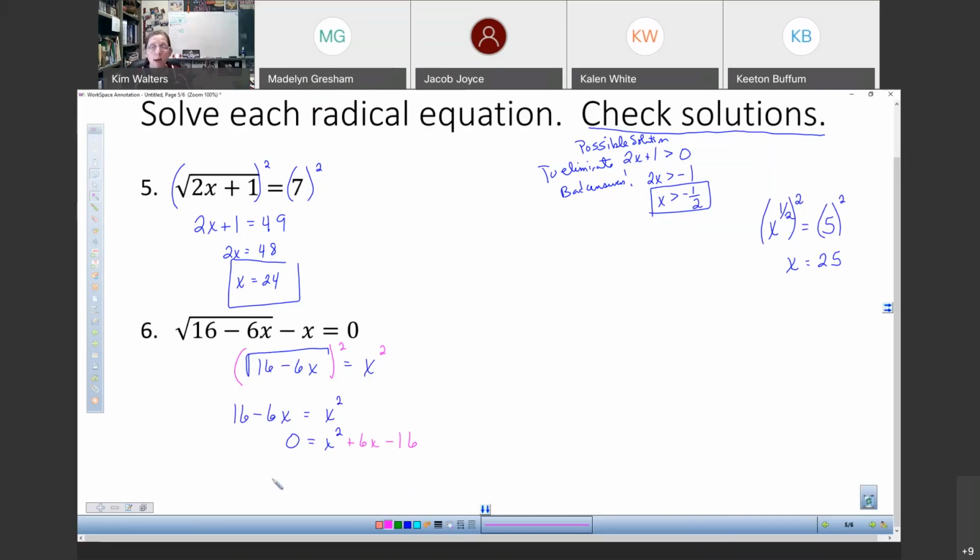Okay, so I'm going to have 0 is equal to, and I'm going to factor this, and I'm going to have x, and I'm going to have one plus and one minus because of a negative here. And it looks like I'm going to have a plus 8 and a minus 2. Okay. So far, so good. Stop me now if not.